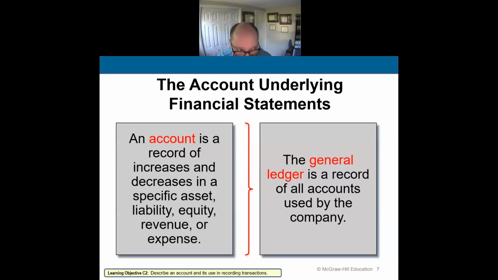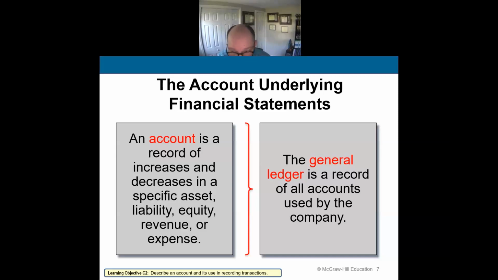We have things like rent revenue. Let's say you own an apartment building and you collect rent every month. Rent revenue would be your revenue account. There are a couple of other revenue accounts. Those are all revenue accounts.